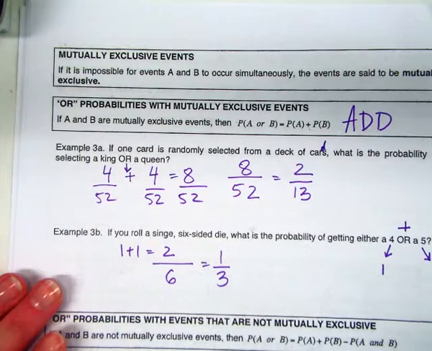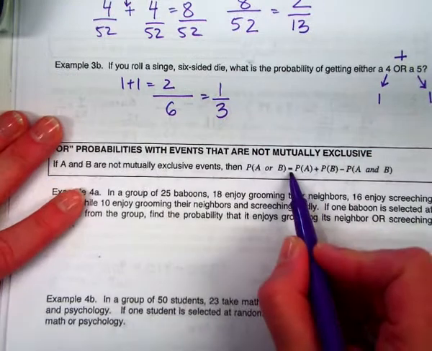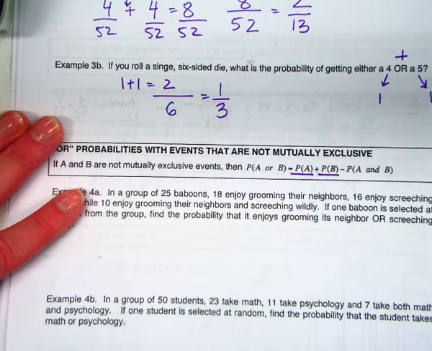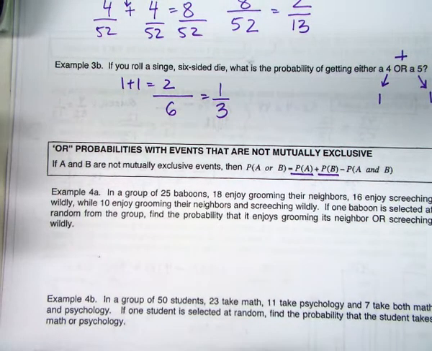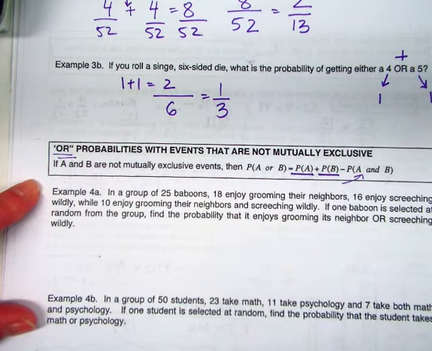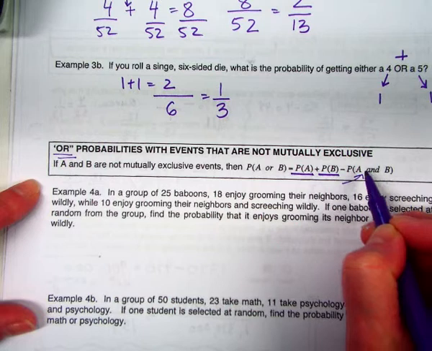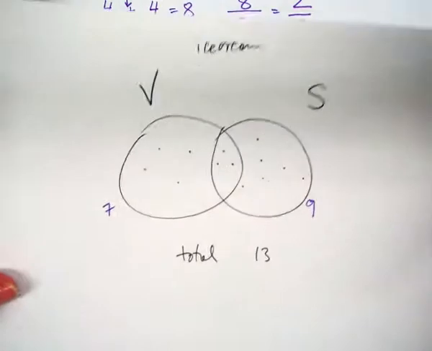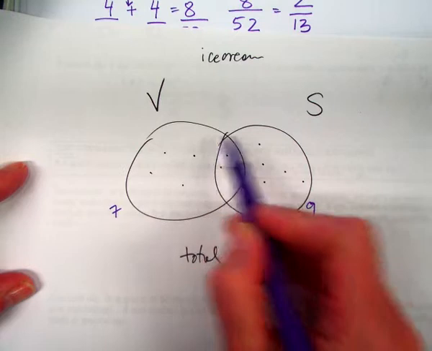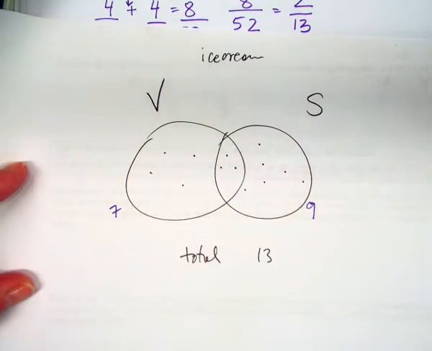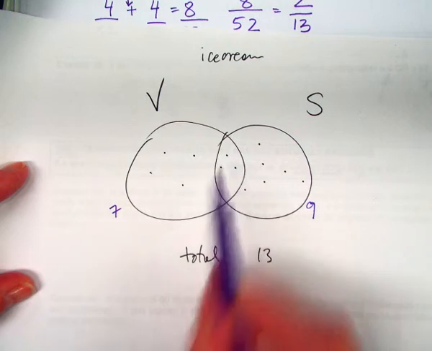So when you're doing this formula, what's different is you're adding the probability of A happening, probability of B happening, the same idea as before. We're adding because of the word "or," but what do you have to subtract? You have to subtract the probability of A and B happening because you end up counting it twice, just like in my example. We counted vanilla, we counted strawberry, we have to take away one set of these 3 people because they already got counted.